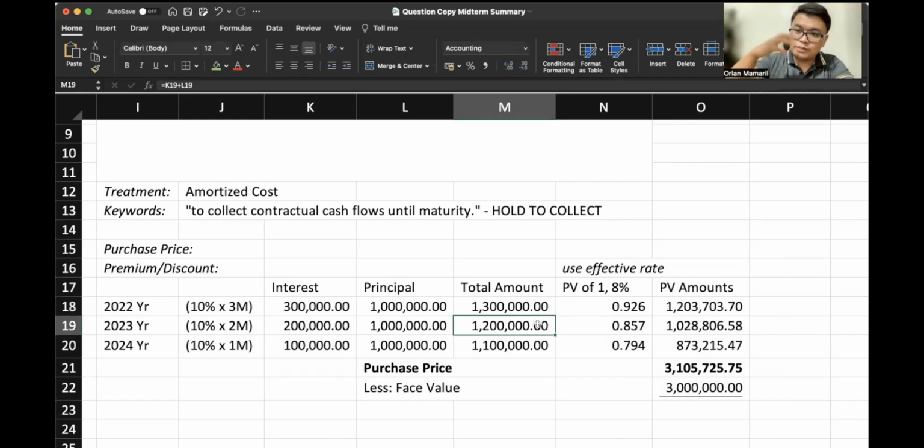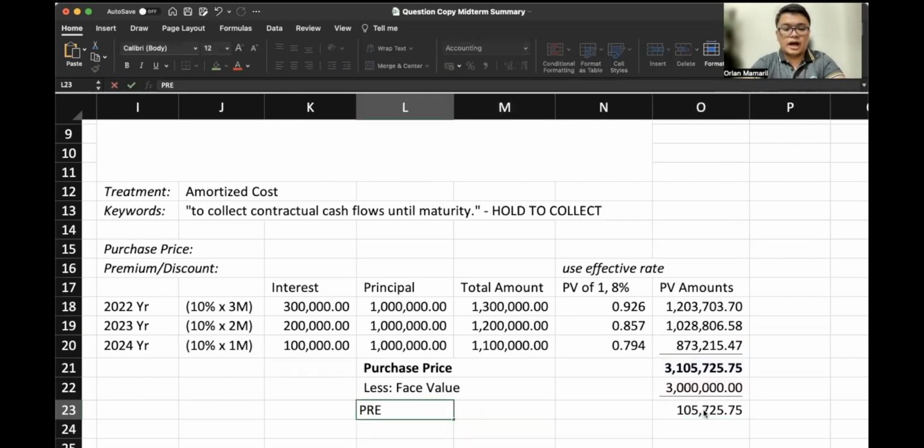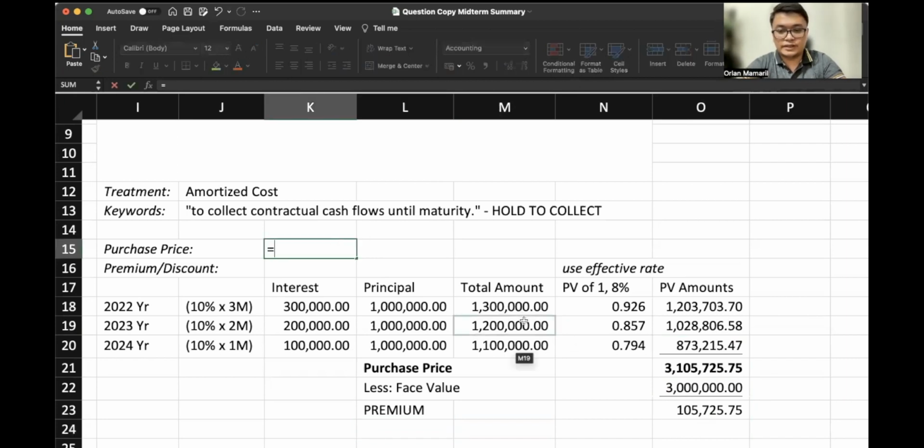The value of 1.2 million that we will receive 2 years from now, the value of that money today is 1 million. That's the application of time value of money. So indeed, our purchase price is greater than our face value. Therefore, we have a premium amounting to 105,725.75.